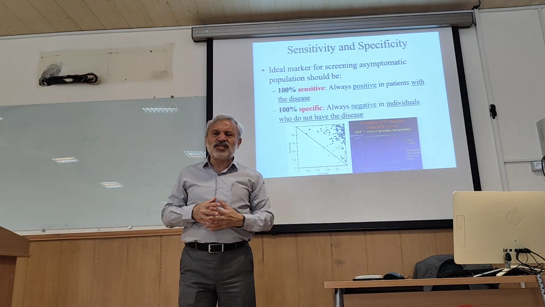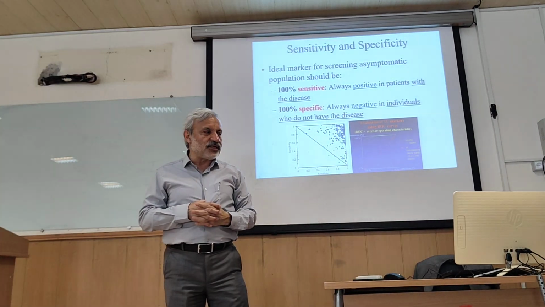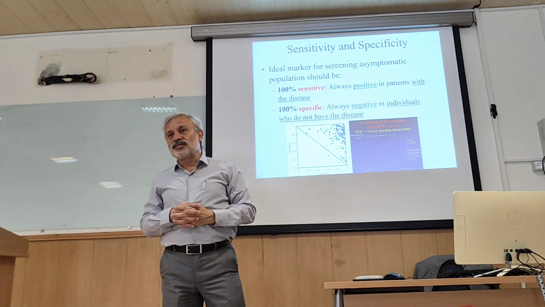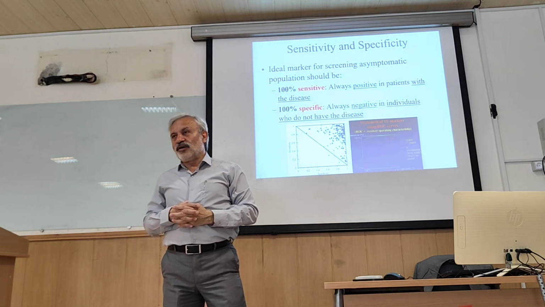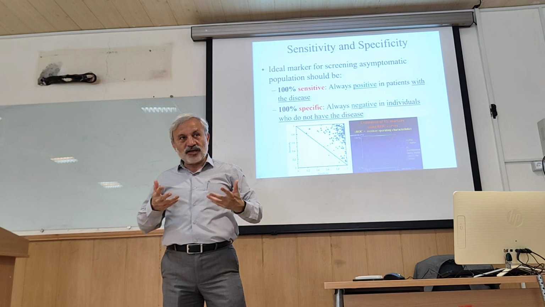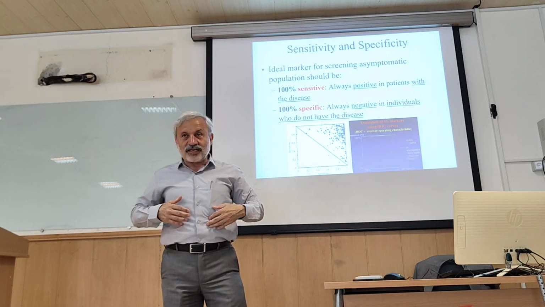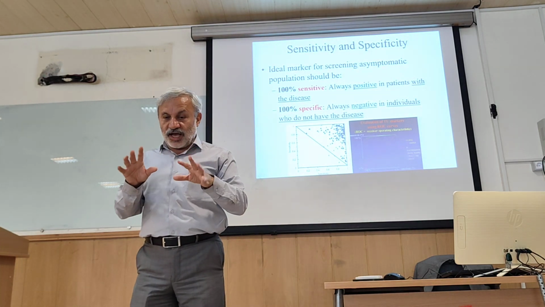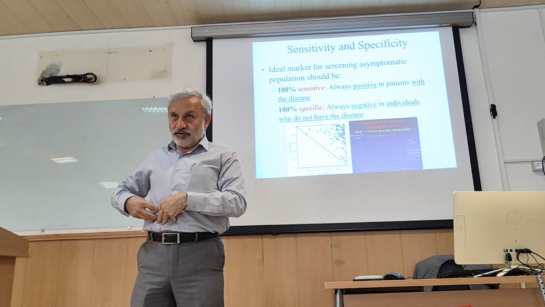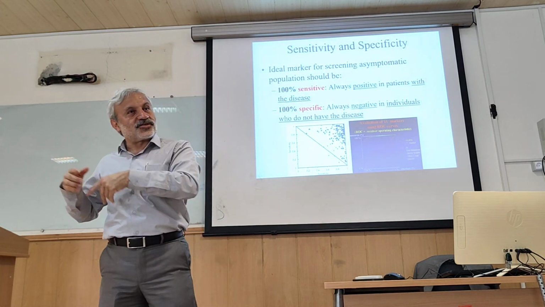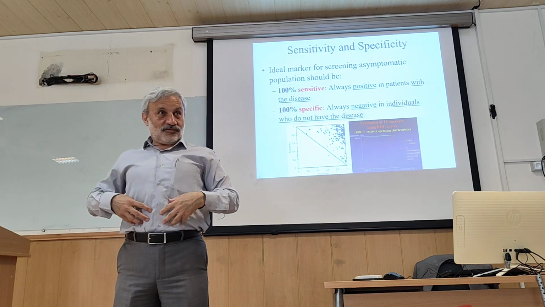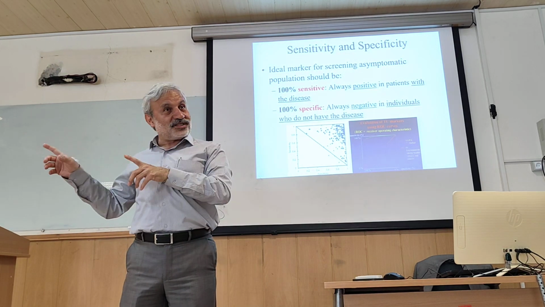What does specificity mean? Specificity means which one is more specific. For example, I can check a tumor with my hand, or with the CT scan. Which is more specific, my hand or CT scan?